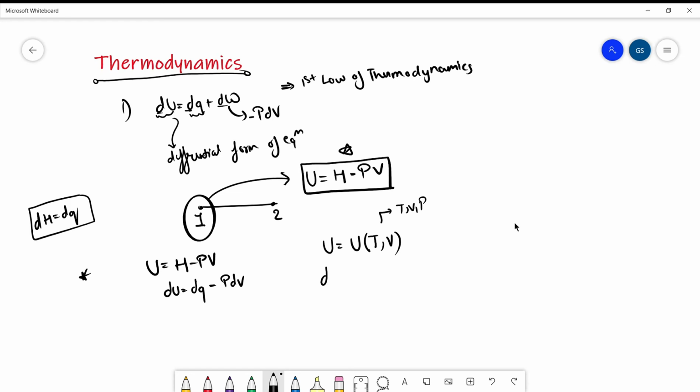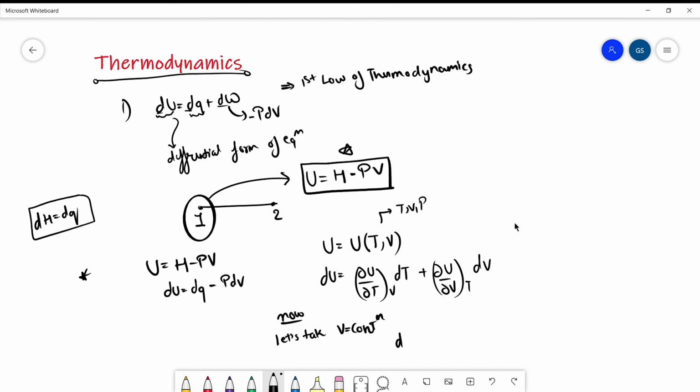And then dU we can write as del U by del T at constant volume dT plus del U by del V at constant temperature dV. Now let's take a condition. Let's take V to be constant.